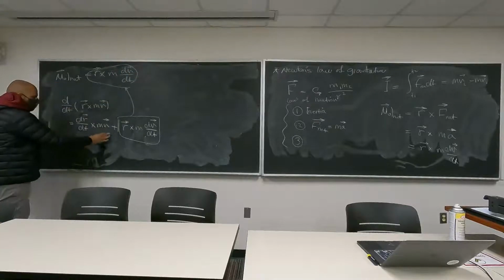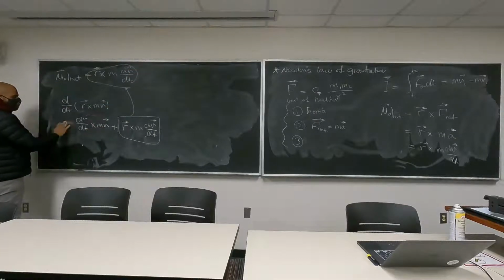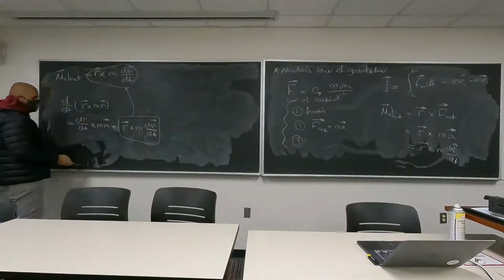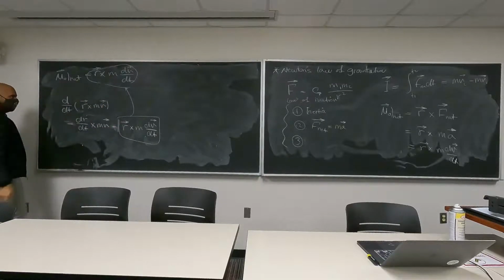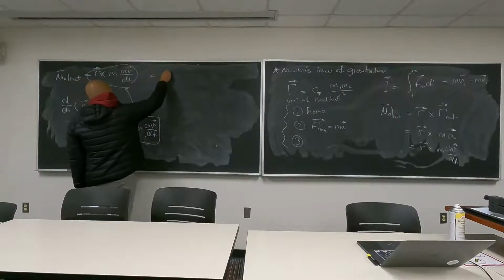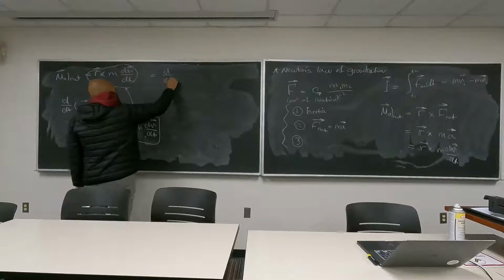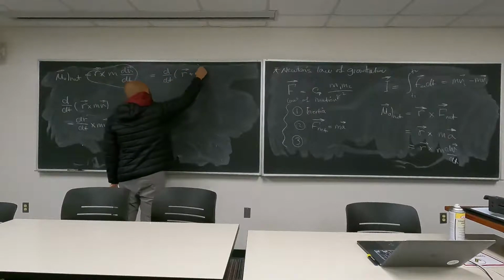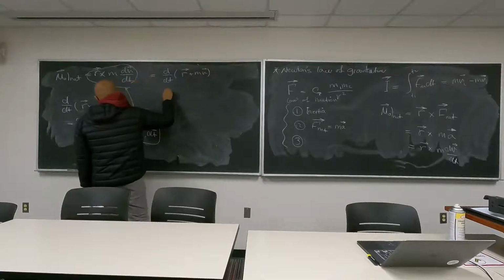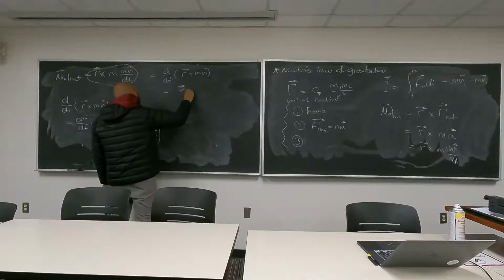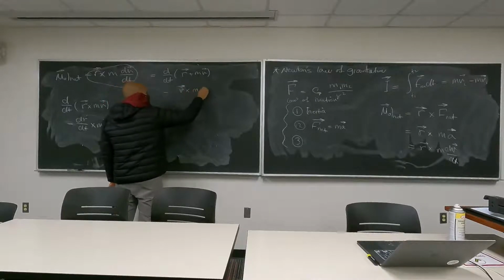So if we move this term to the left-hand side, we can substitute this whole thing for r multiplied by m dv dt. So d dt of r and v minus dr dt, which is essentially the velocity vector, and v.